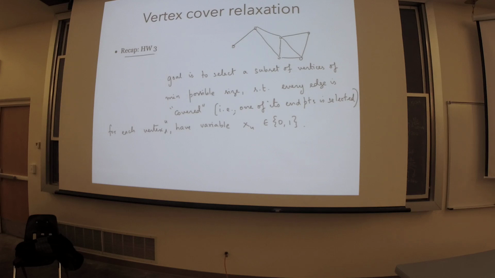And so these are the variables. Then the constraints: you have one constraint per edge, x_u plus x_v is at least 1, so at least one of its endpoints must be chosen. And your goal is to minimize the total number of things that you've chosen. So your objective is to minimize the sum over all u of x_u.